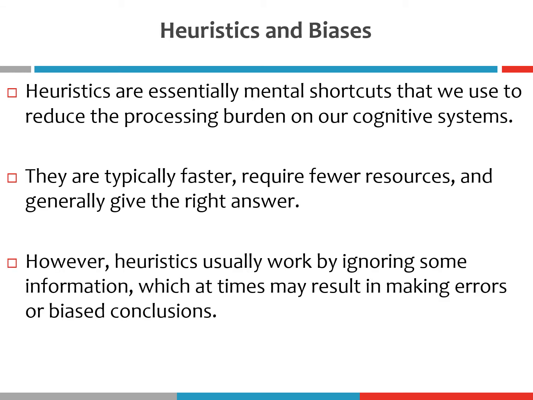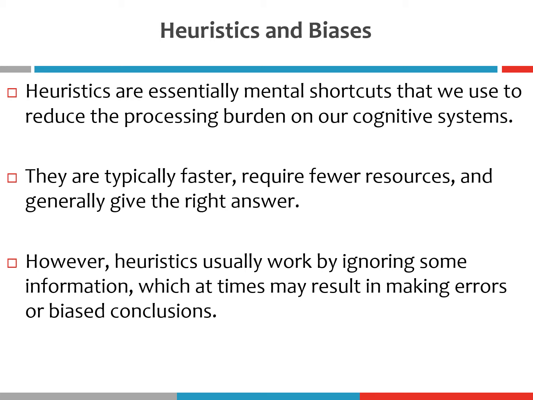But sometimes heuristics are effective, again, by virtue of the fact that they ignore or omit some information in favor of other information. And so because heuristics operate by not giving us the full picture all the time, that can sometimes result in errors in decision making, or what we call biased conclusions.